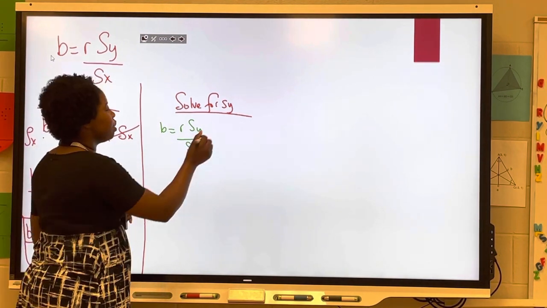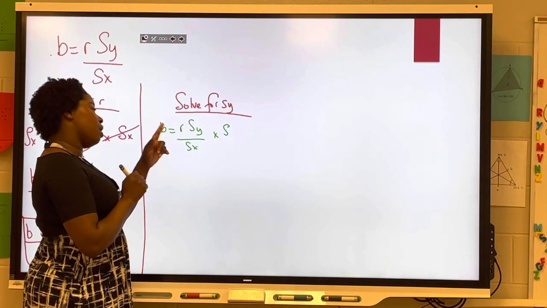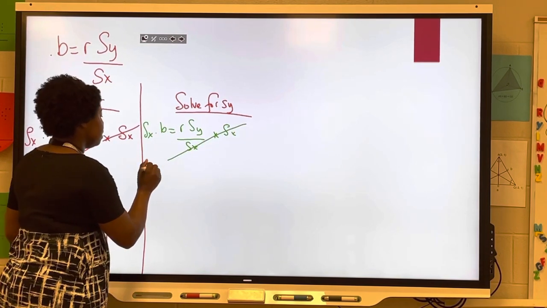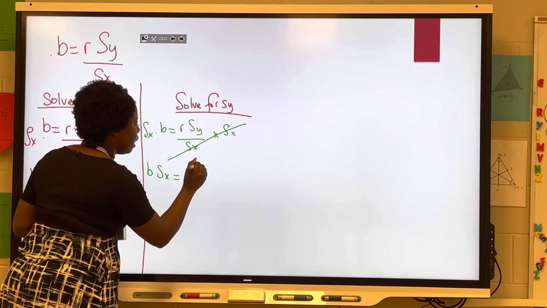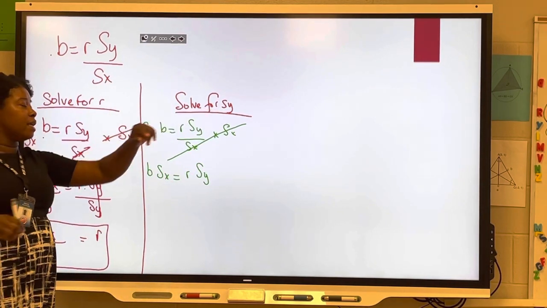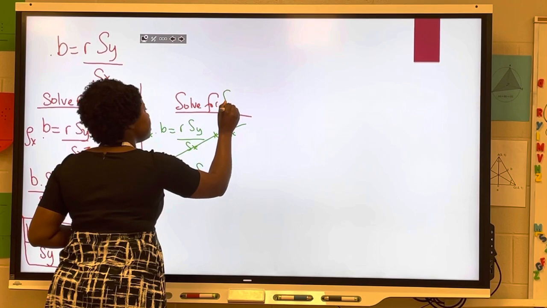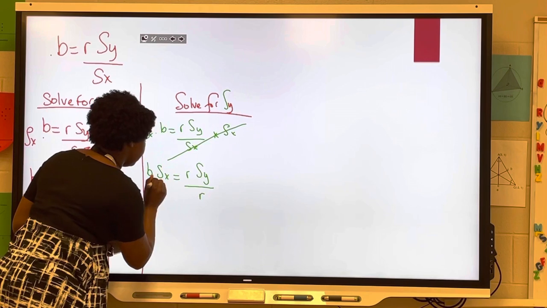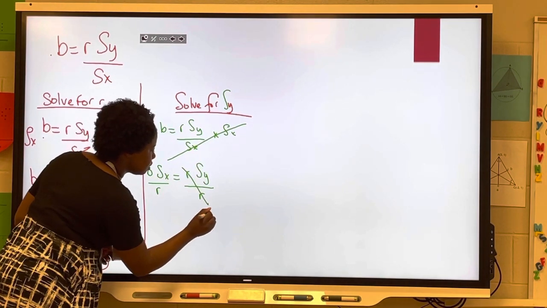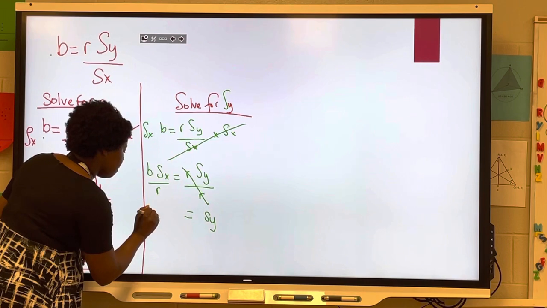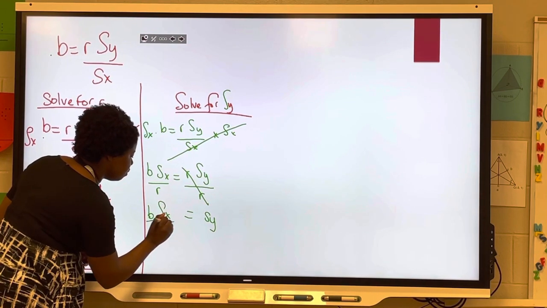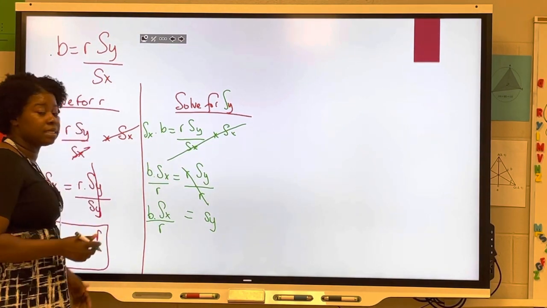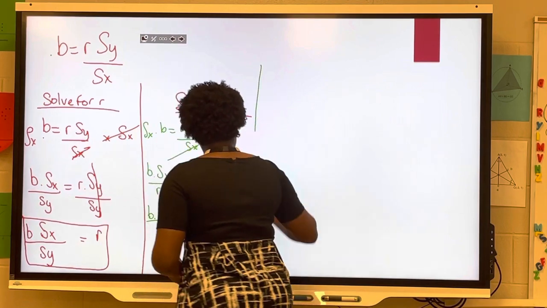They're dividing, so all we have to do is multiply by sx on both sides. That cancels, so b sx is equal to r sy. We're solving for sy, so we have to divide by r on both sides. That cancels, so sy is equal to b times sx over r. And again, you will be given values for these, so when you're working, you'll know exactly where to put them. And the list goes on.